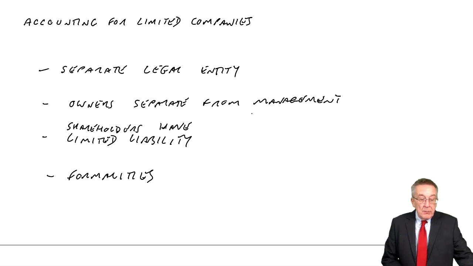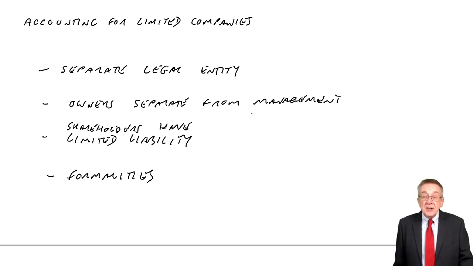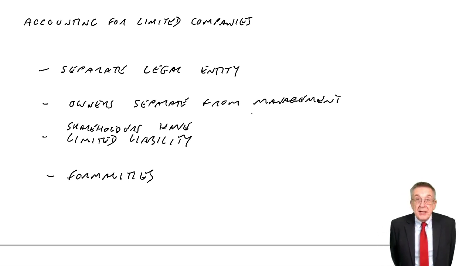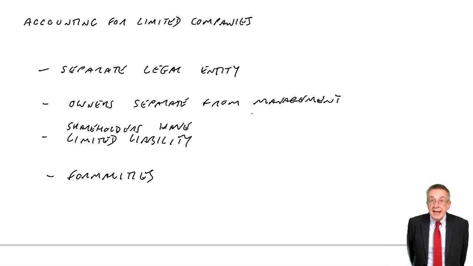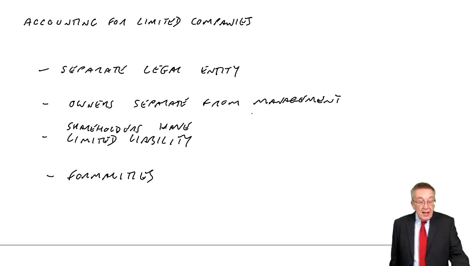So the published statement, the statement that's sent to shareholders, that anyone can look at, is very much summarised. I hope you've got the page in front of you. I'm not going to write it all out, but there is an example of a limited company statement.